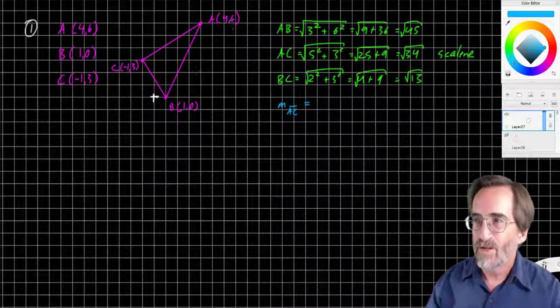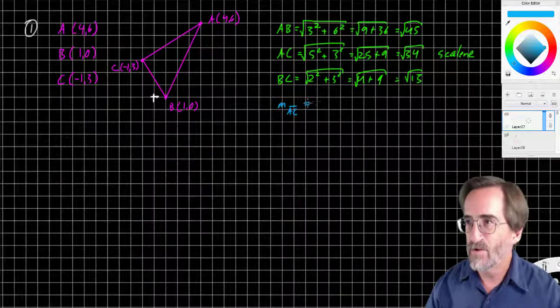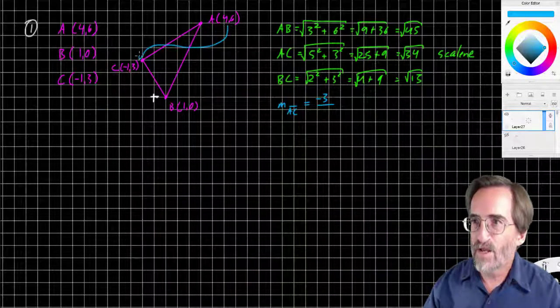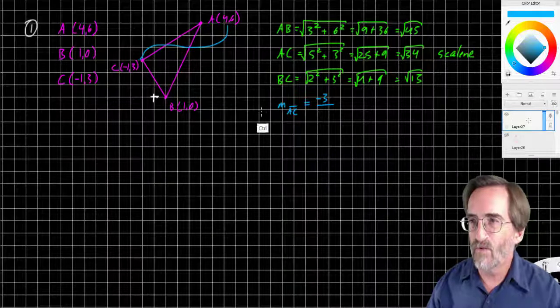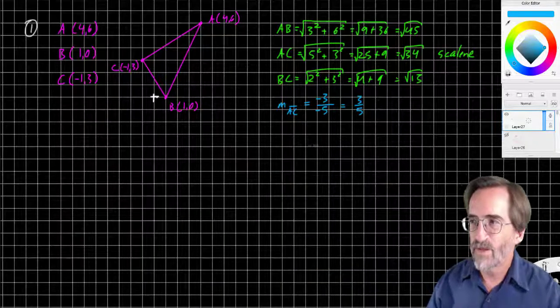We have change in y from 6 to 3. From 6 to 3 is down 3. From 4 to -1 is down 5. So the slope of AC is negative divided by negative, which is positive, 3/5.